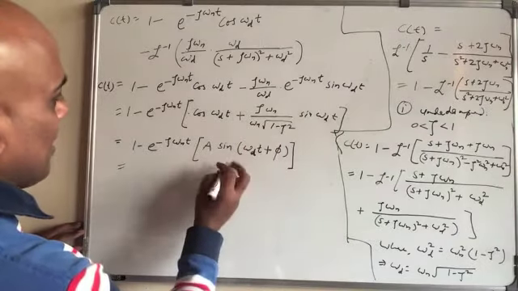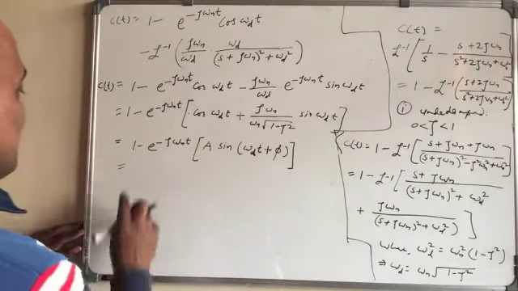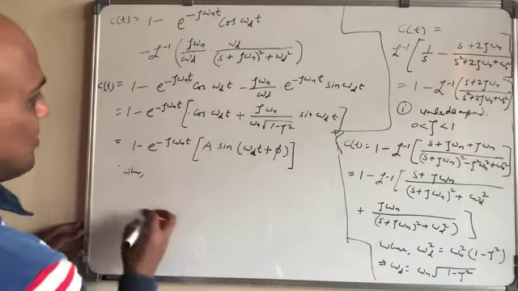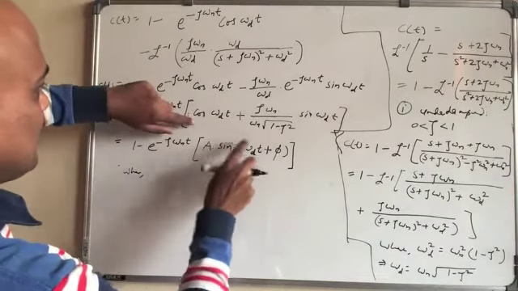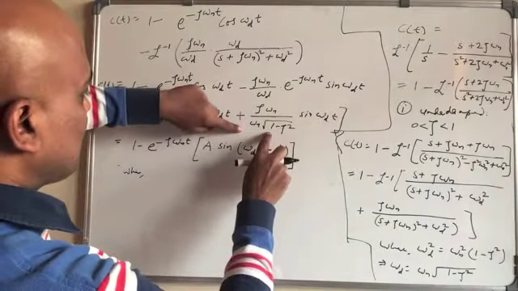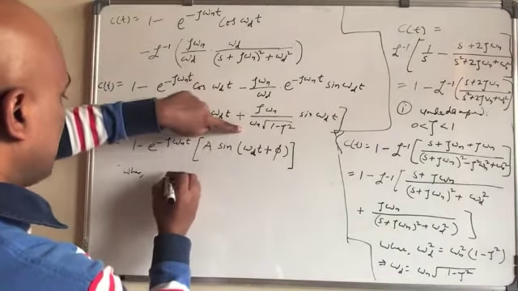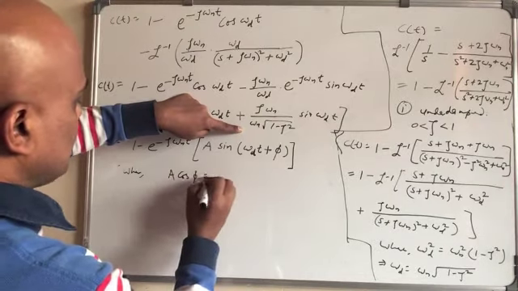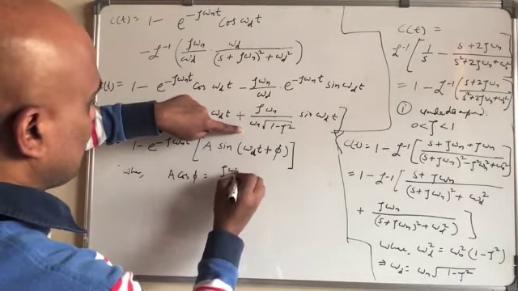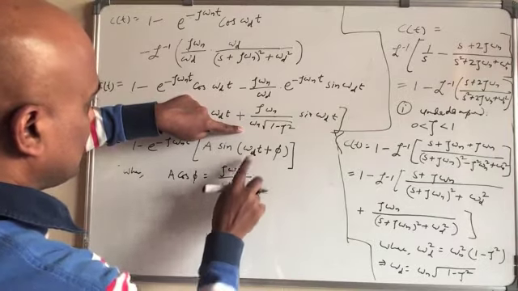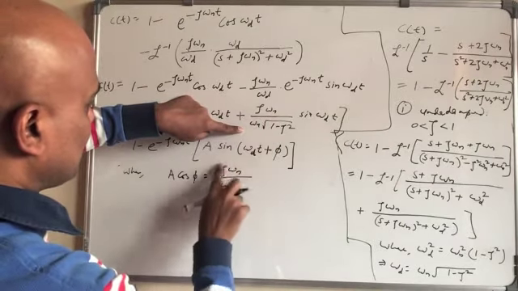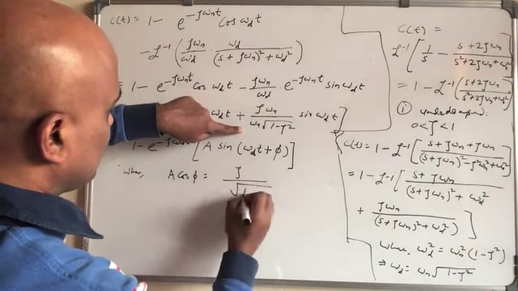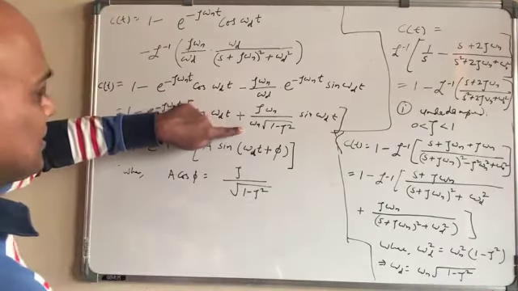So this we can write this way, and in that case we can write where this is sine, so this will be cos, yeah. So where A cos phi is equal to zeta omega n over omega n. So basically simply this you get zeta over root of 1 minus zeta square, yeah.